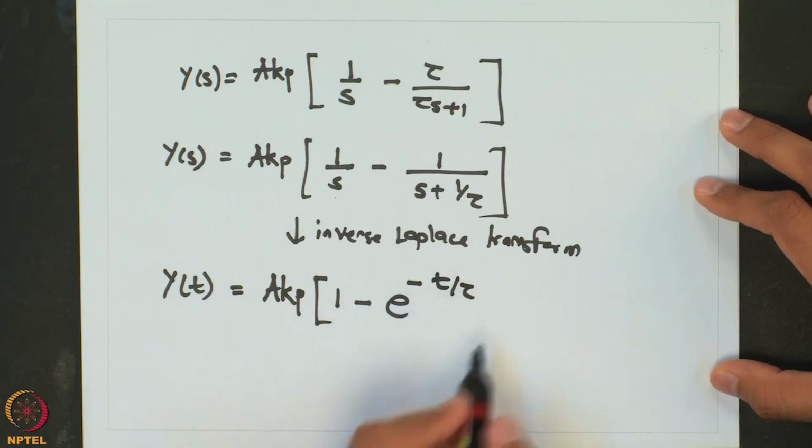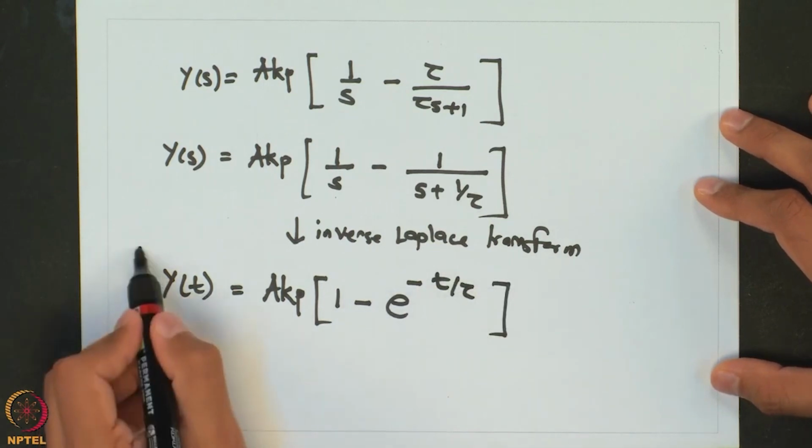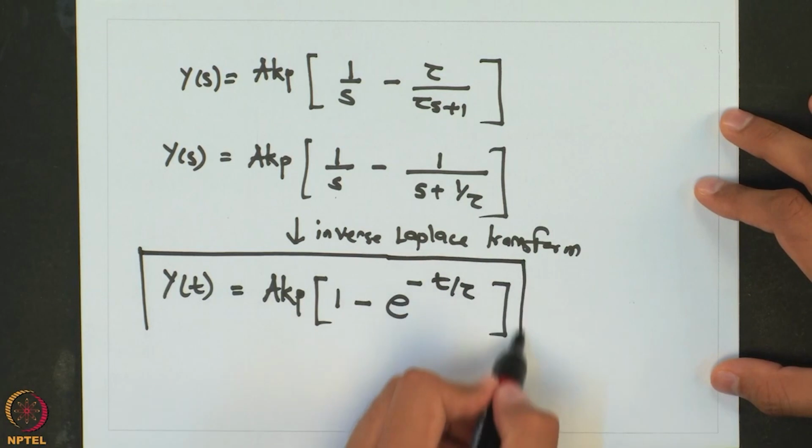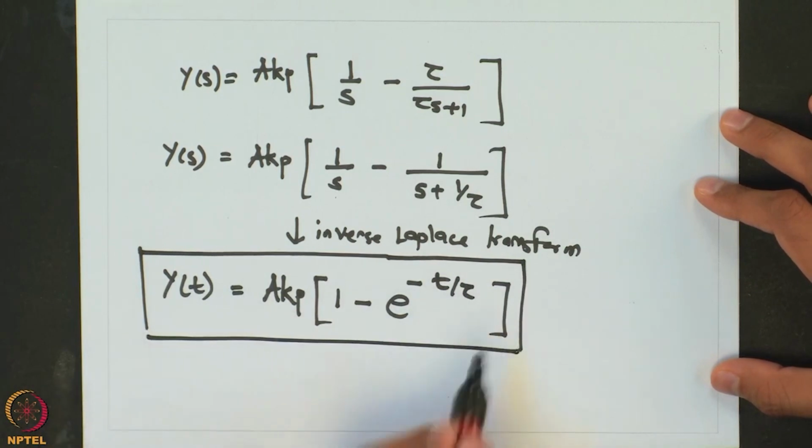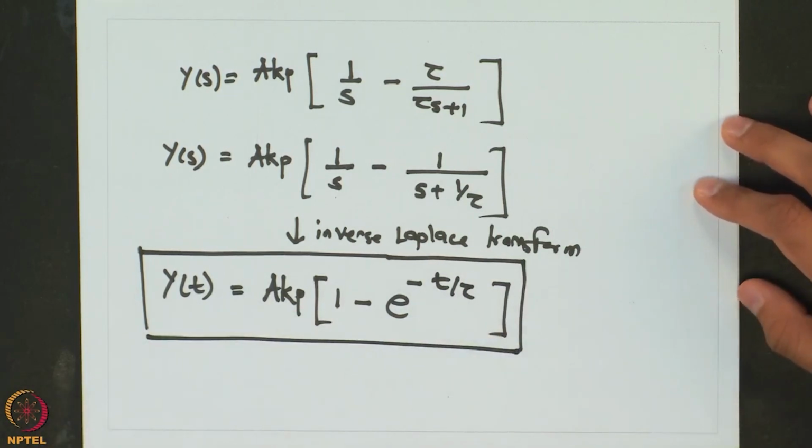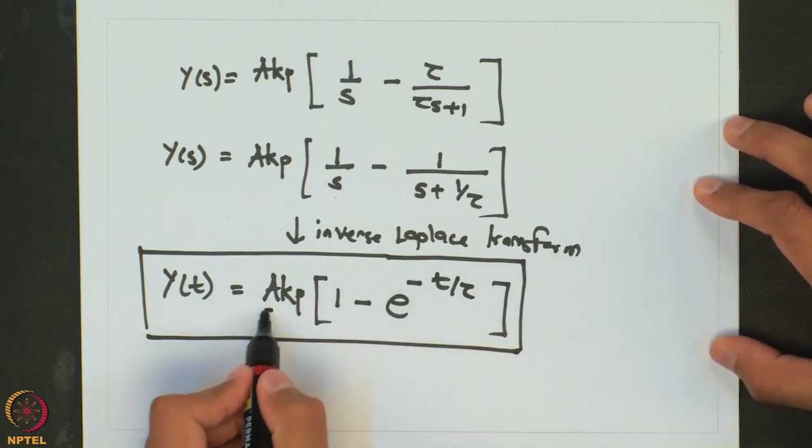So, it will be e raised to minus t over tau. So, that is the response of a first order system to a step change of the size A.